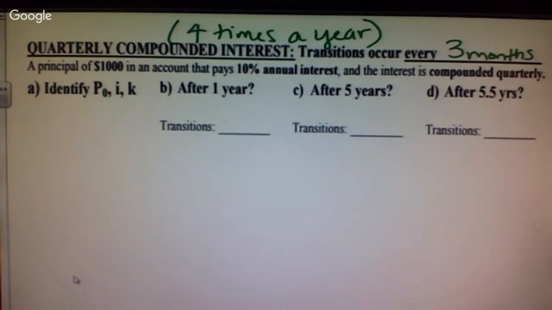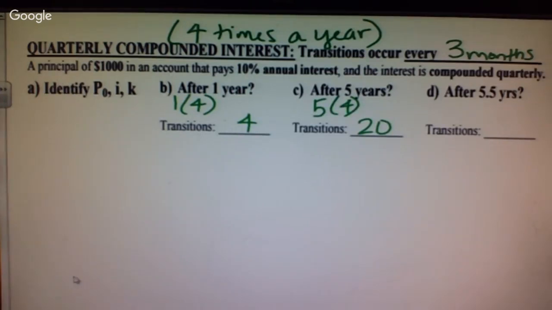After 1 year, 4 times a year tells me how many transitions? 4, 1 times 4. 5 years, how many transitions? 20, 5 times 4.